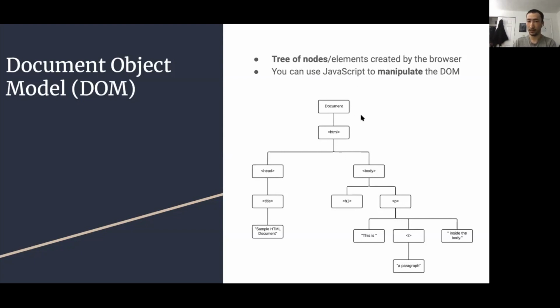Actually, the highest node in this hierarchy is the window object, which sits on top of the document. But in this meeting, we're just going to use the document to manipulate the DOM.